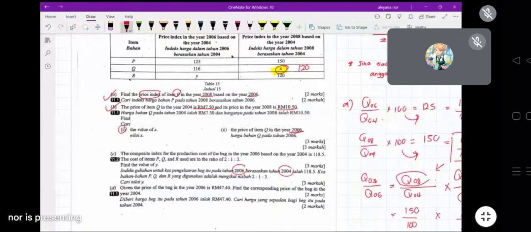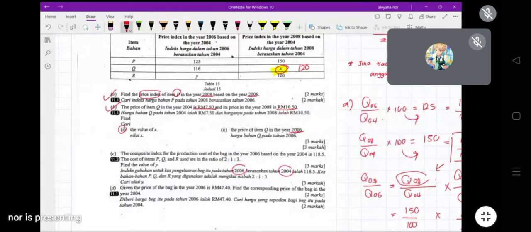Oh wait, I'm so sorry. About B2, remember I said it's Y? No, it's not actually Y. It's more like finding the price of item Q. It's not the price index. It's like the price index, but it's not in the list.